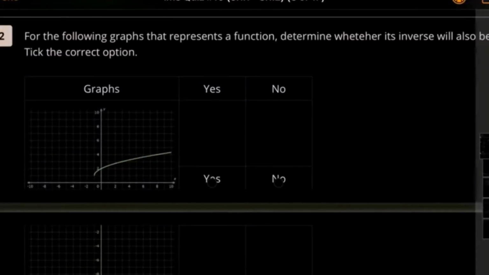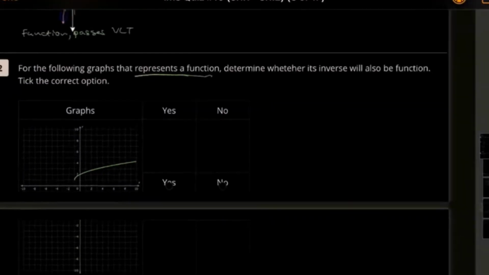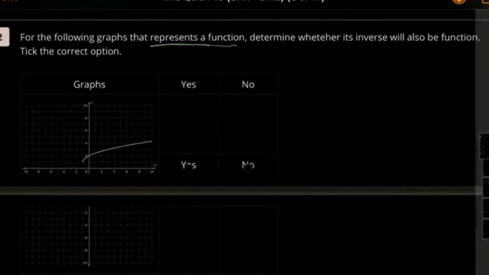Graphs that represent a function, so they're already telling you it's a function. Determine whether its inverse will also be a function. Okay, so how do we do this graphically? You're going to do something called the HLT, which is the horizontal line test. And it's pretty much the same thing.